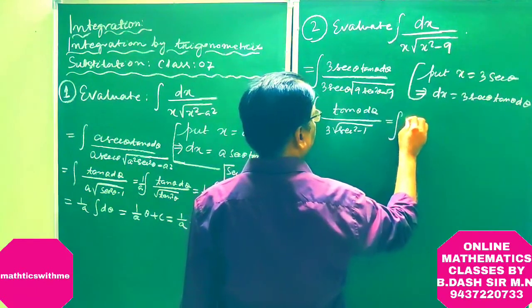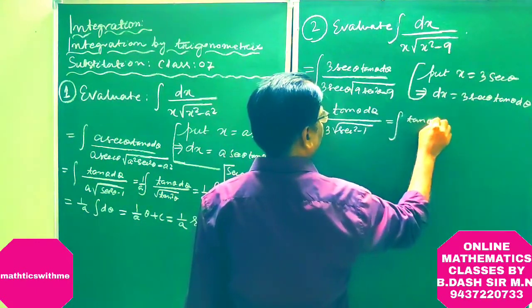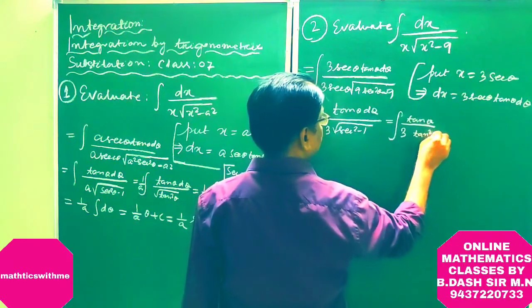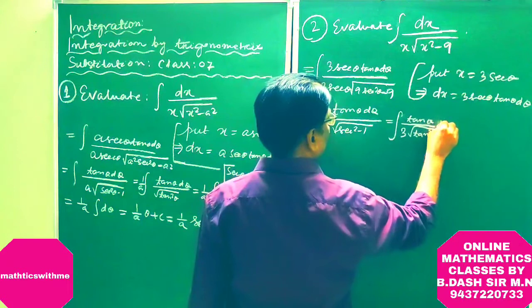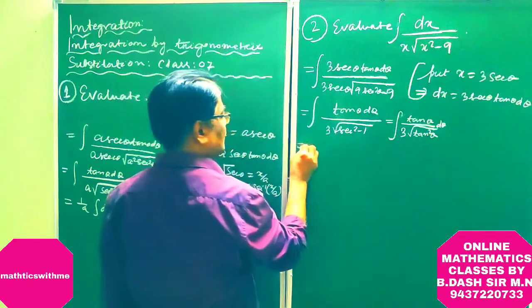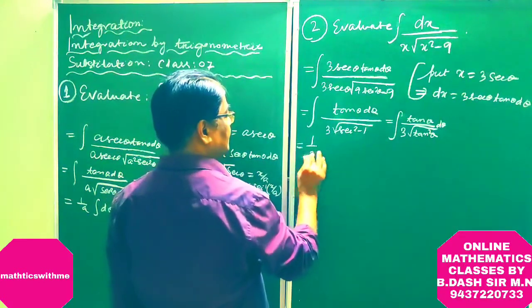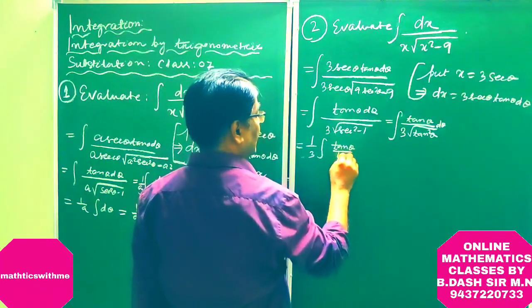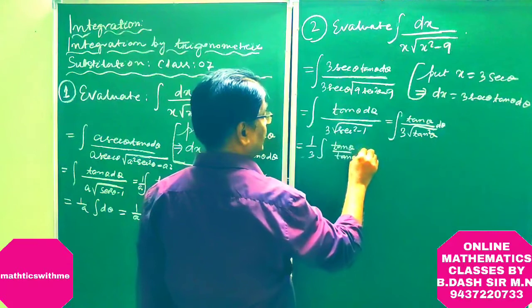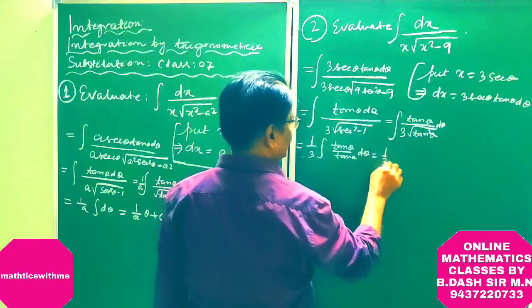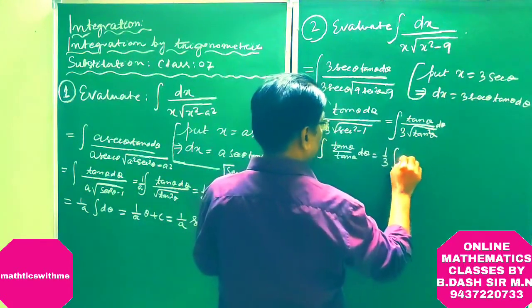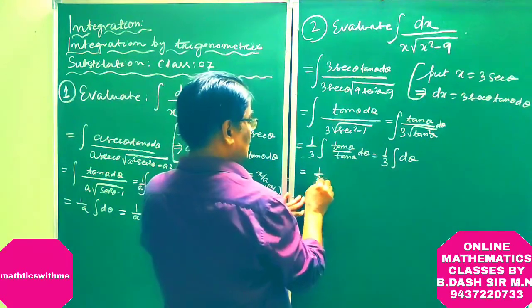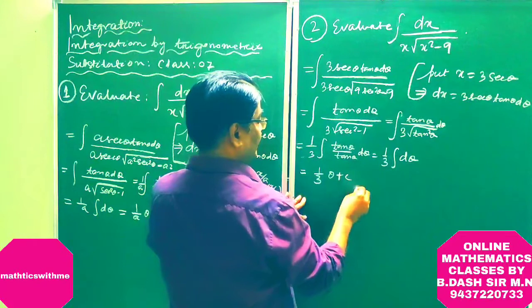This is equal to integration tan theta d theta divided by 3 root over tan square theta, which is equal to 1 by 3 integration tan theta by tan theta d theta. 1 by 3 integration of d theta, which is equal to 1 by 3 theta plus c.